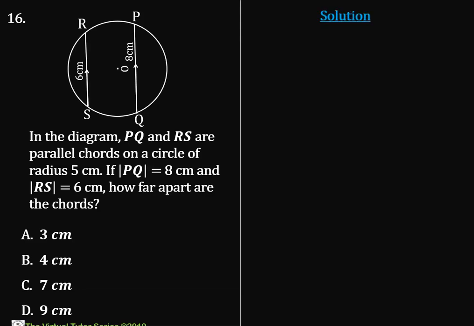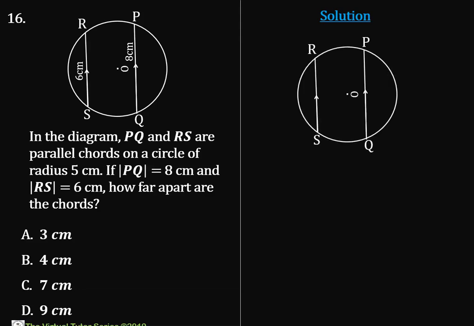Solution. Reproduce the circle here with center O and chords RS and PQ. Our task is to determine the length between chords RS and PQ as indicated in the diagram.